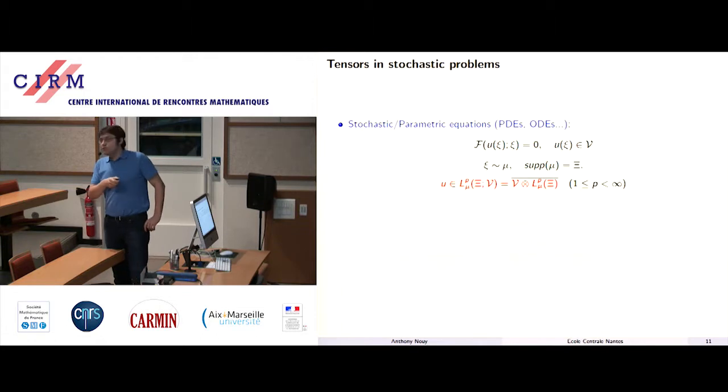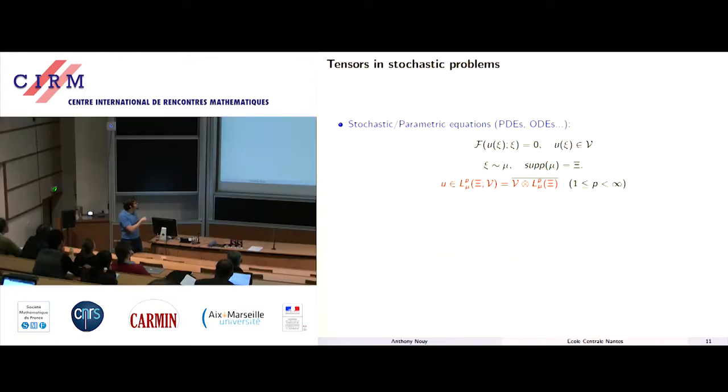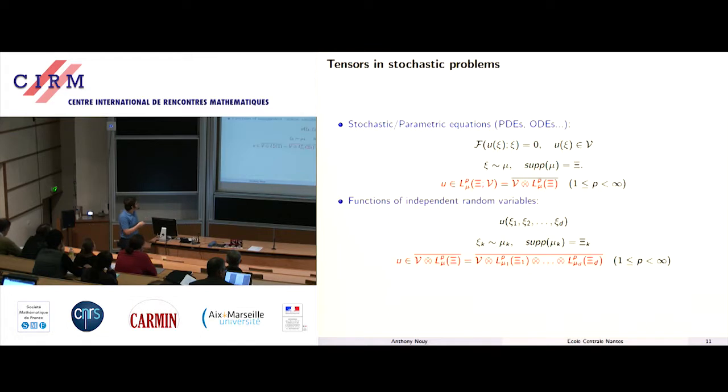And under suitable regularity assumptions on your problem here, your solution will live in a Bochner space, the space of L^p functions defined on the parameter space with values in some function space V. And in fact, this space is a tensor product space. Okay? You can find it in classical textbooks on tensor spaces, the identification between these two spaces. So the tensor product of the space V and the L^p space.